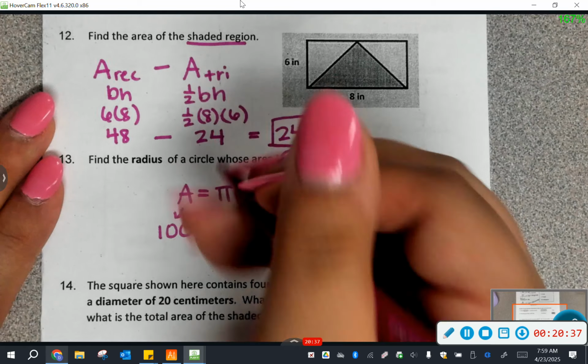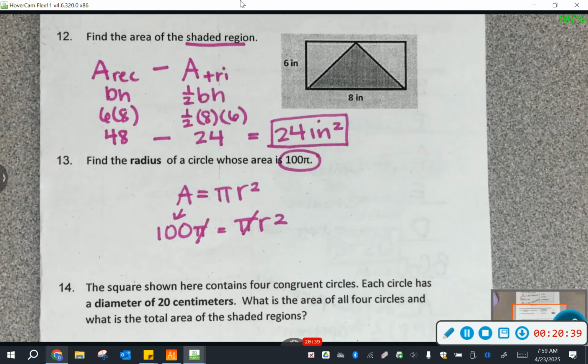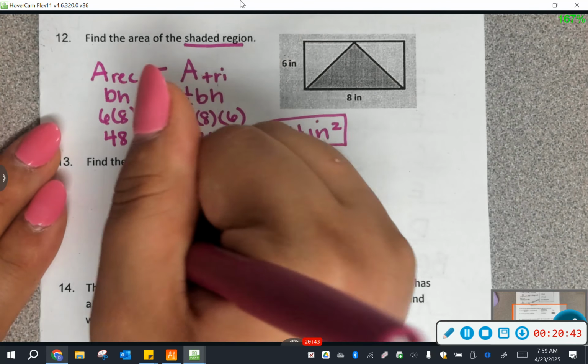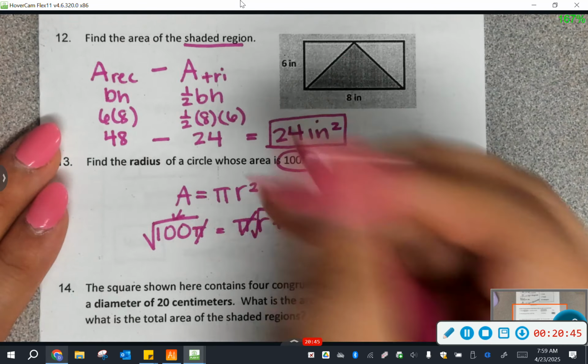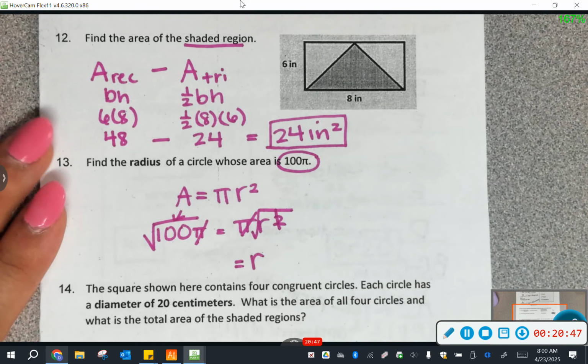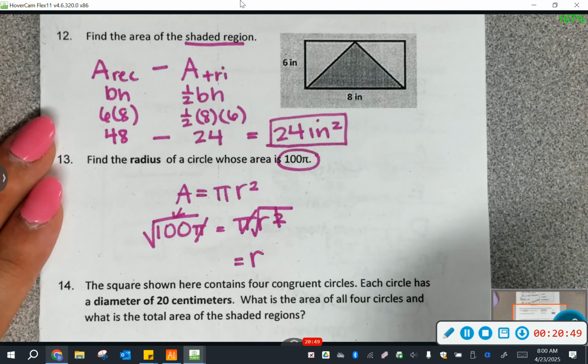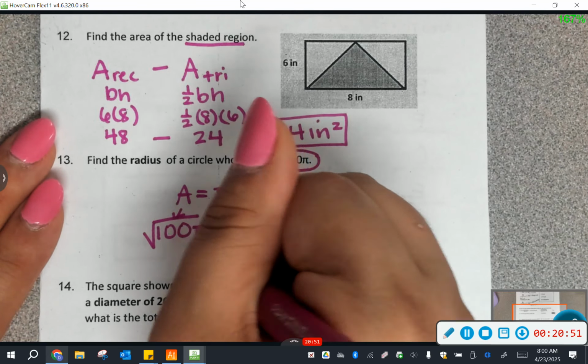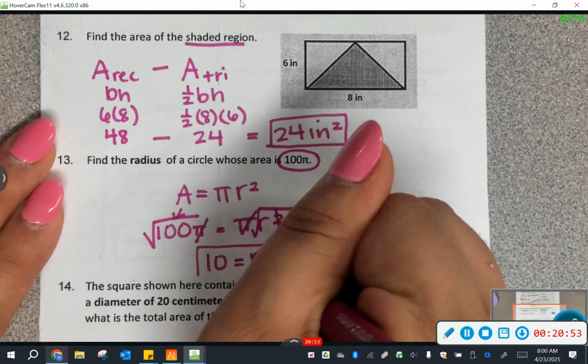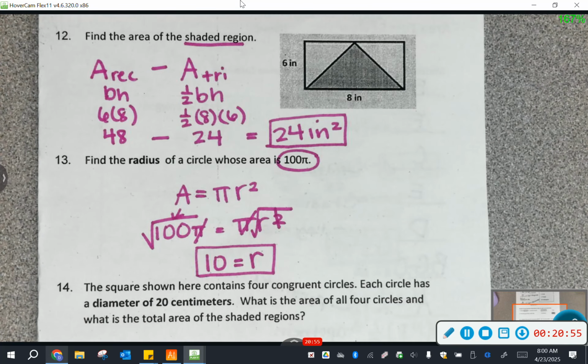Cross out the pi's, and then how do I get r by itself? Square root. Remember, with a circle and a square, if you're going backward, you are going to square root. What's the square root of 100? 10. So my answer is 10. For both a square and a circle, if you know the area, square root.